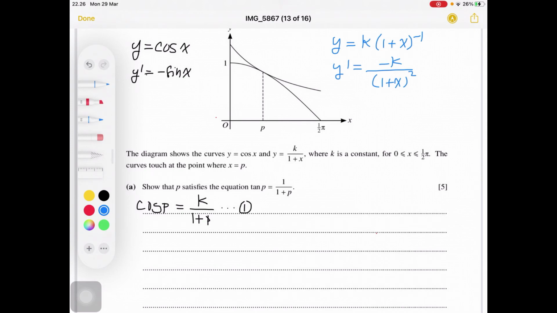So the second equation will be negative sine P is equal to negative k over (1 plus P) squared. This is the second equation. Or we can cancel both negatives in the second equation.